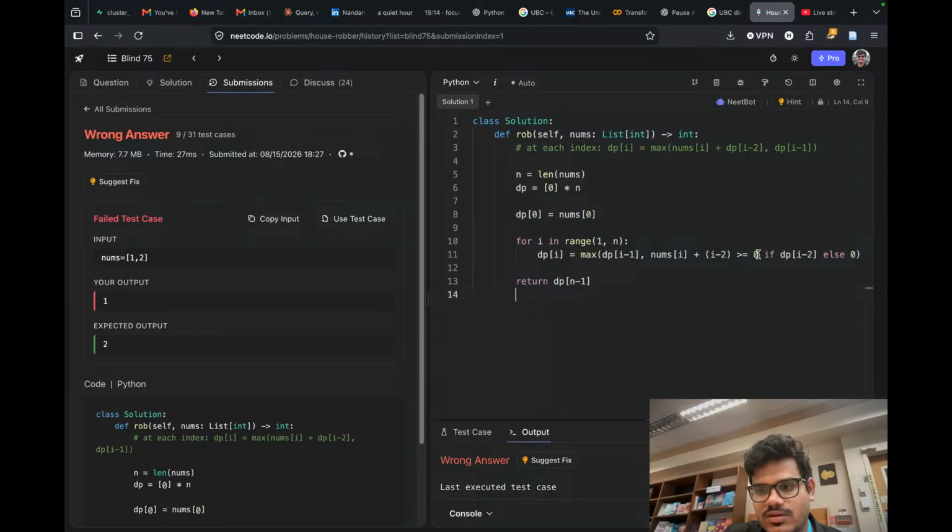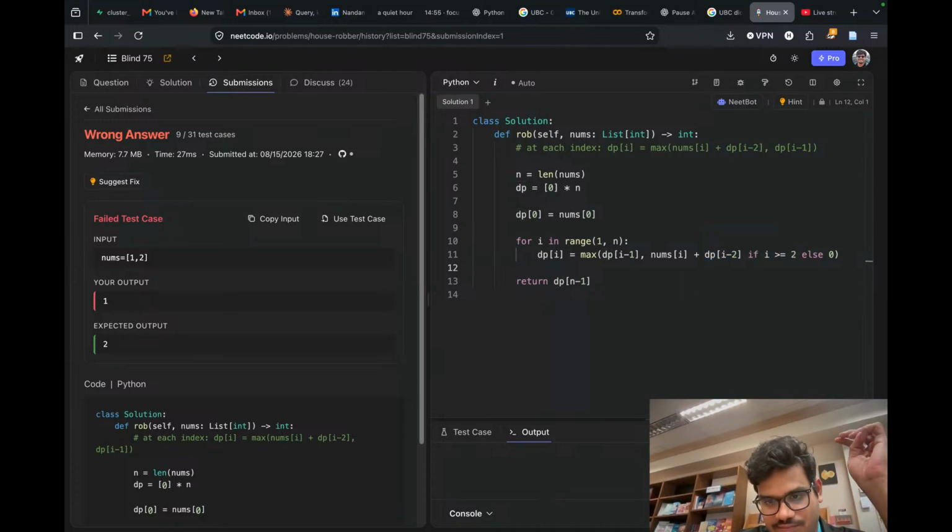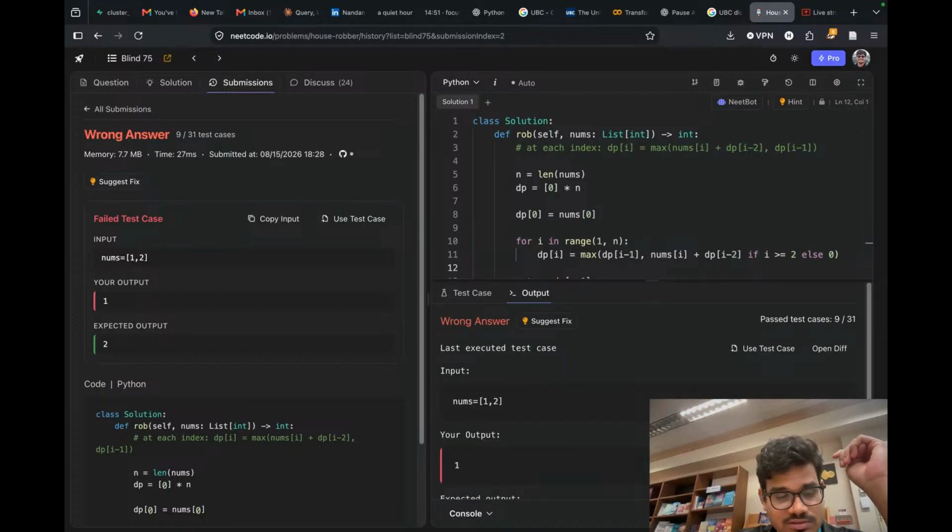Okay, so it should go like plus dp[i-2] if i is greater than or equal to 2, otherwise 0. Correct? So yeah, I think this runs. I'm not sure about the other part.